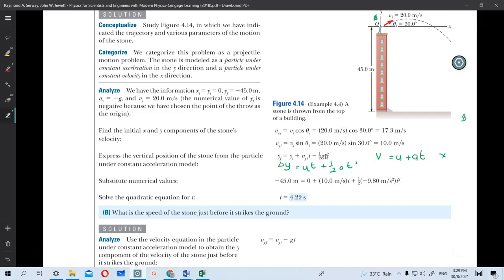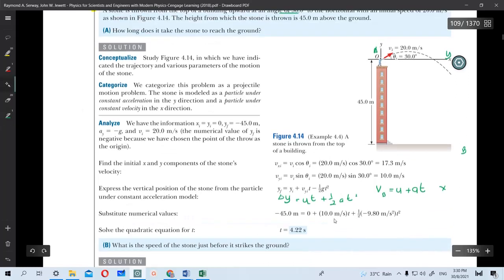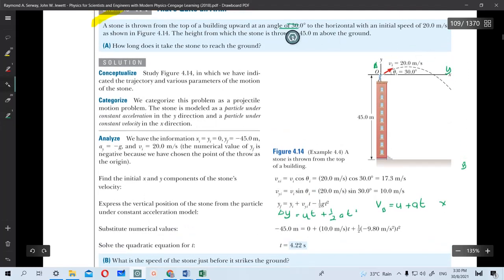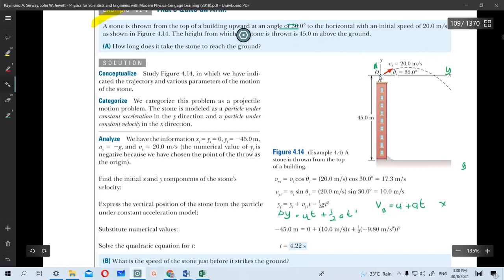Because we do not have v at the location on the ground, which is B. So we are going to use this one because we are aware that the height is given. Let's say this time around we consider the initial position as 0.